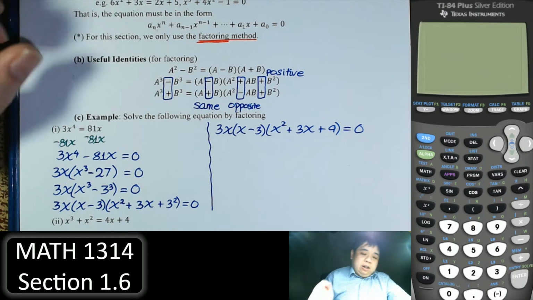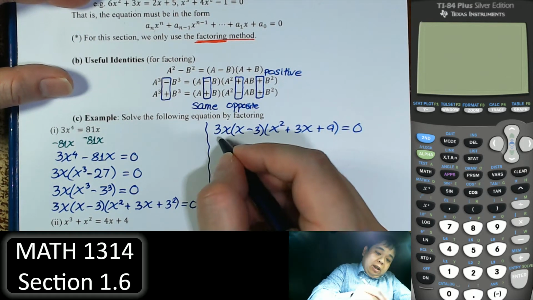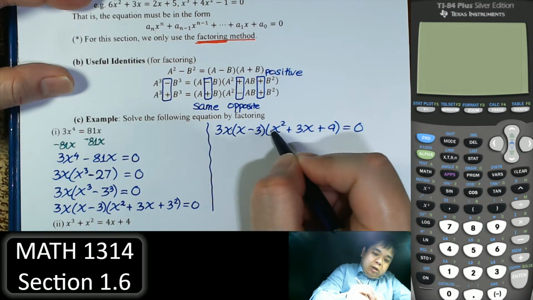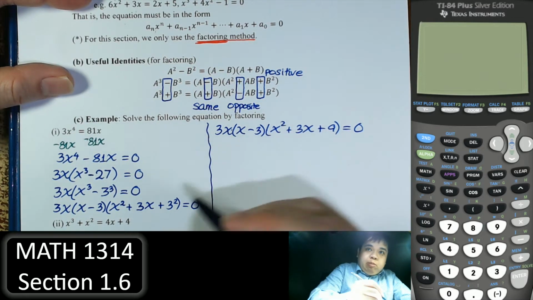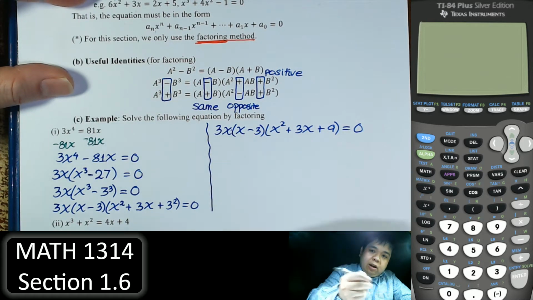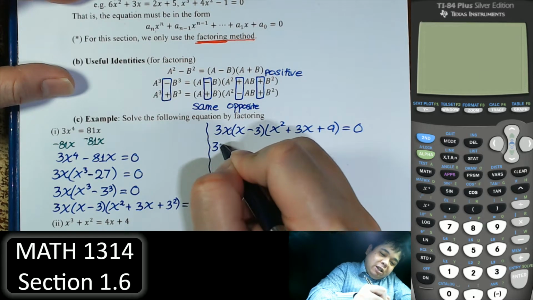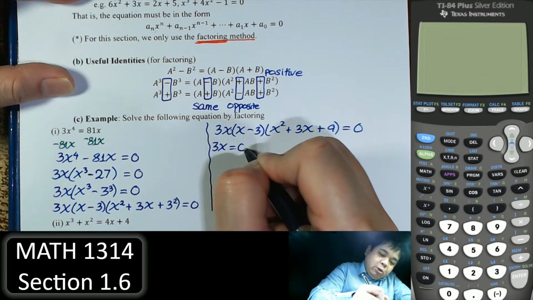Now the polynomial is factored completely, and we use the zero factor theorem, the zero product principle. Each of the factors must be equal to 0.